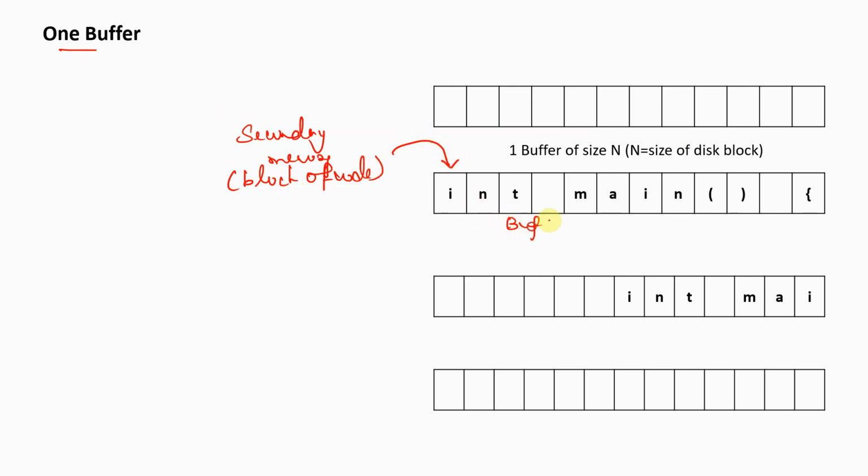Similarly, the two pointers, our beginning pointer and the look ahead pointer, do the job inside the buffer to convert these lexemes into tokens and update the symbol table.